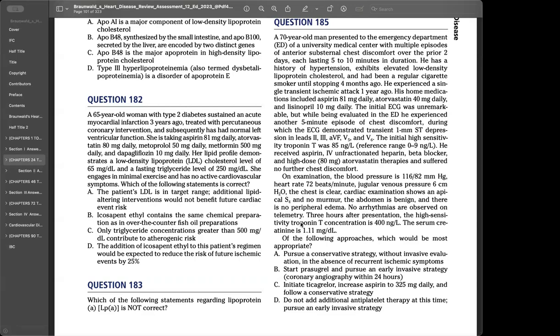In the CLARITY-TIMI trial, they found that, like our chief has said, there's no real preference for any antiplatelet, but after PCI, clopidogrel seems to be more preferable than the others.